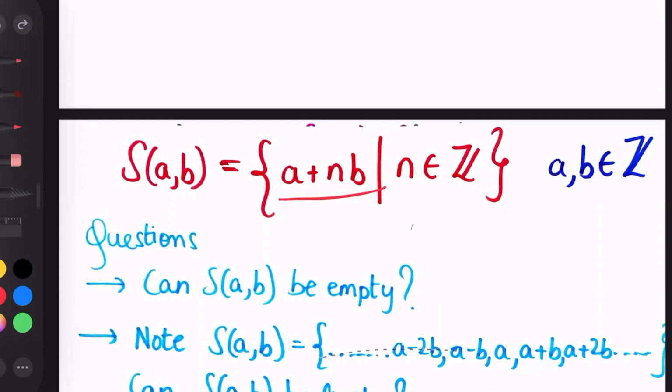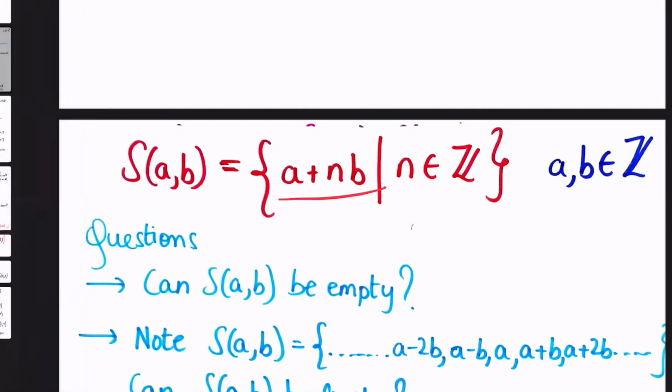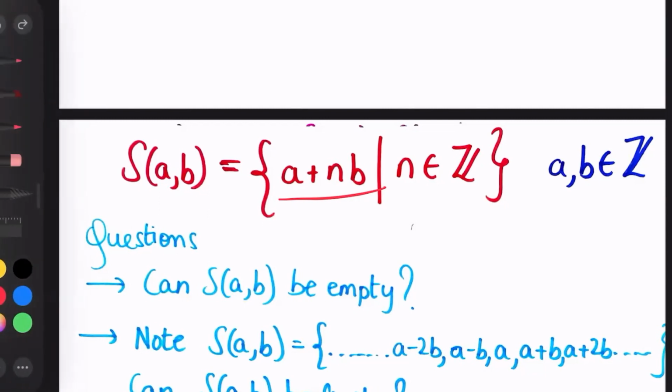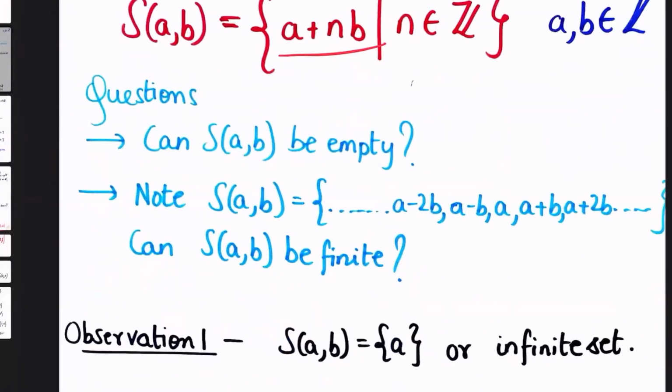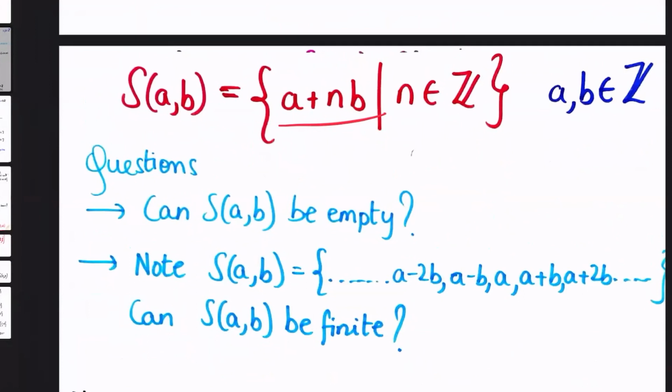Same thing for everything on this side, and you will have only a in the set. So the first observation that we make is that for sets of this type, S_{a,b}, either the set is infinite, or the set is just the singleton {a}, in the case b equals 0.